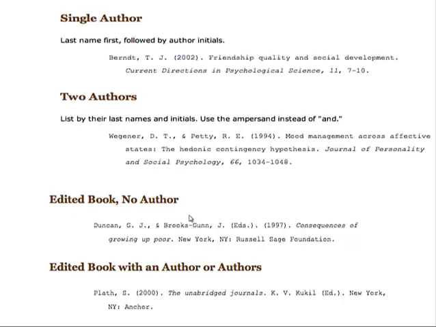If it's an edited book with no author, then you put it as the editors of the book. These are the editors' last names, followed by a period, the year, and then the title. Finally, if you have an edited book with an author or multiple authors, you will follow the same guidelines as we've talked about up here.